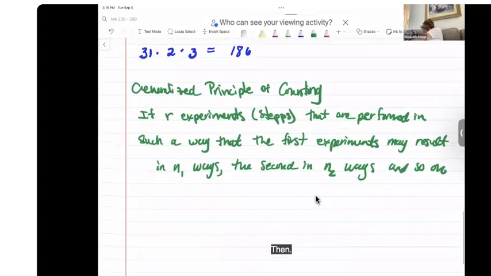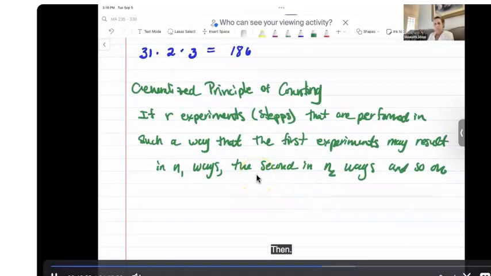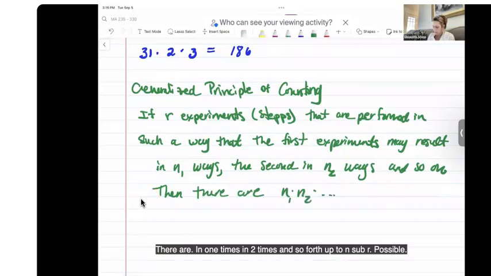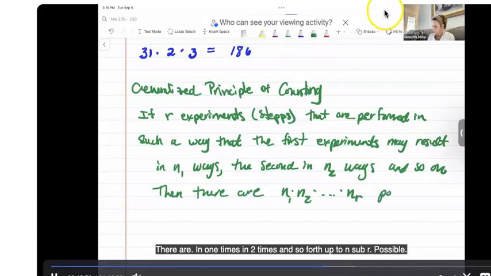Then there are n1 times n2 times and so forth up to n sub r possible outcomes.